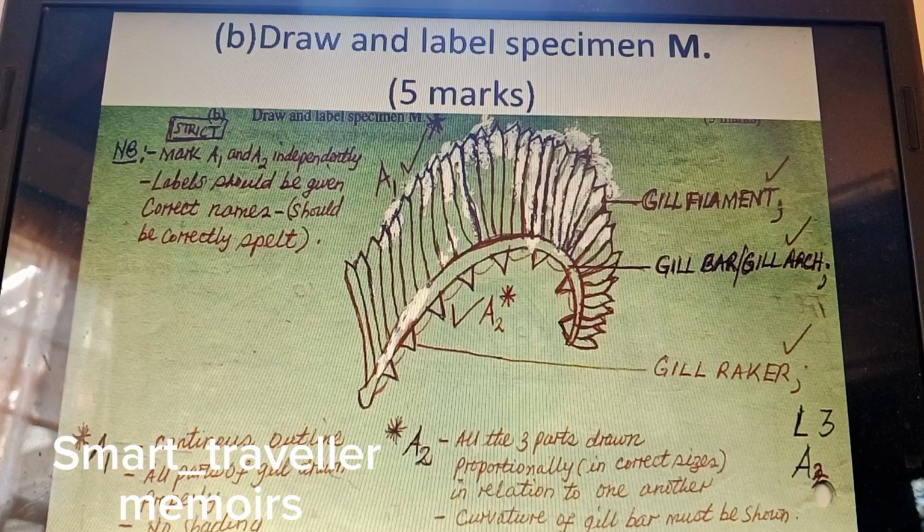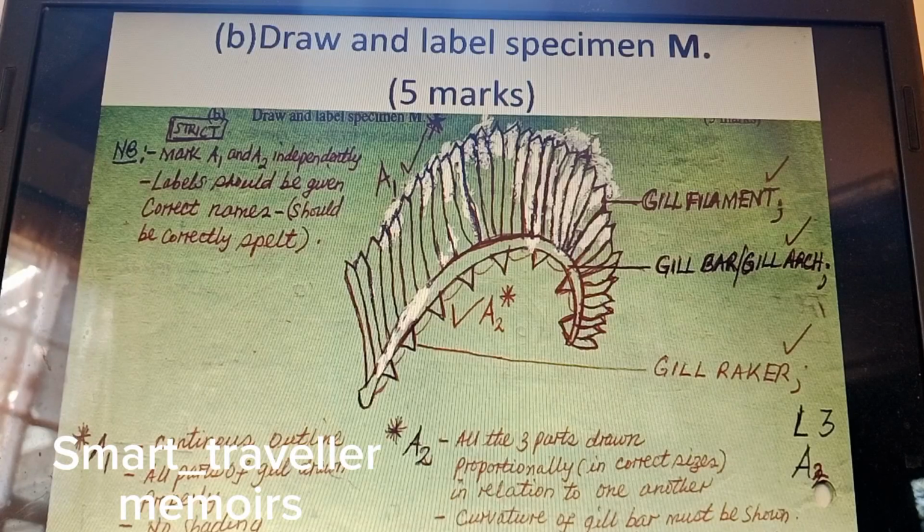Labels should be given. That is accuracy. Labels should be given the correct name and should be correctly spelled. I will adjust this for the other points. Gill filament, gill bar or gill arch, gill raker. You get labels are 3, accuracy 2 marks. And you can see where the accuracy is being given.